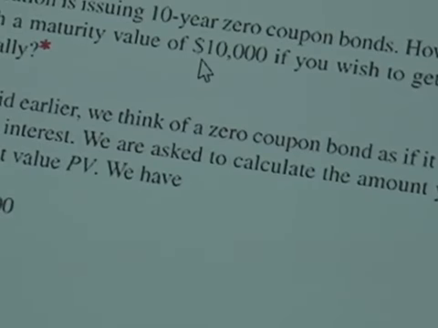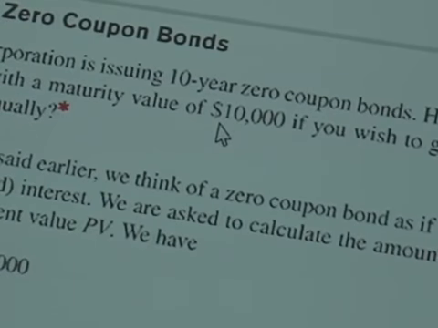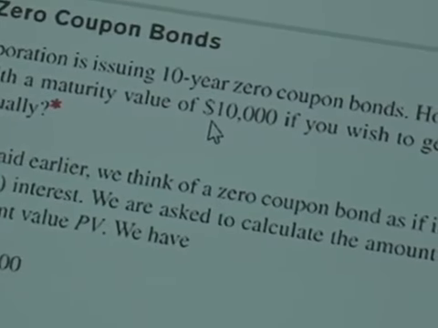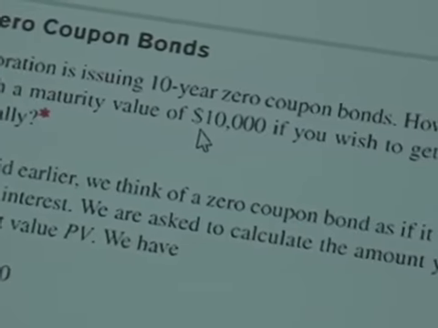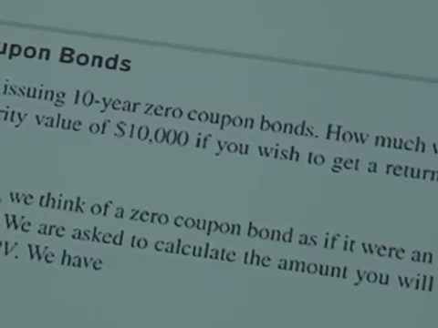The present value is unknown. Hopefully all the other stuff is known, so we should be able to figure it out. In fact, that's what they do here. Okay, so that's that one.